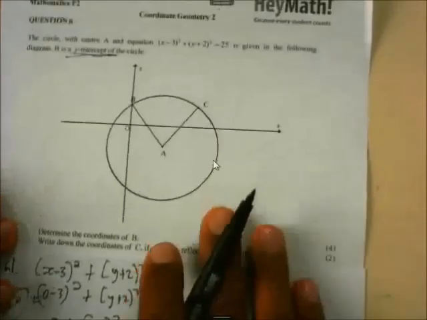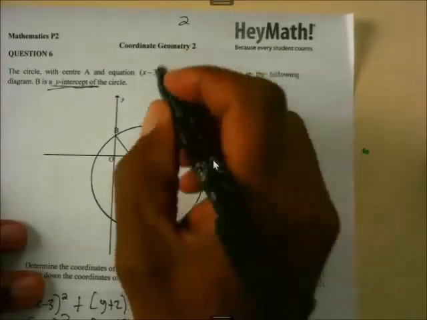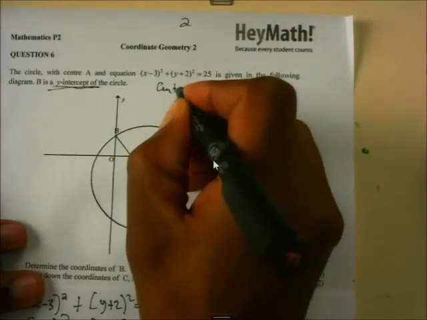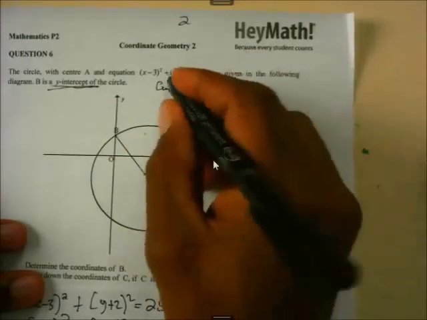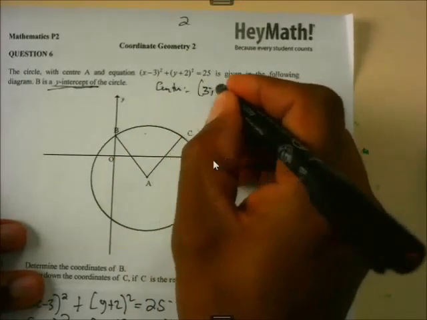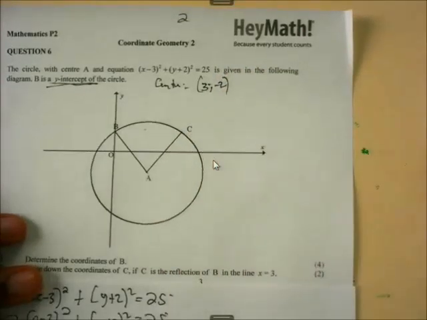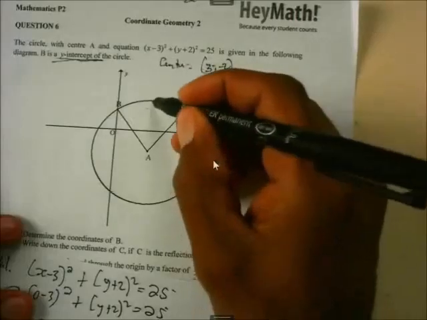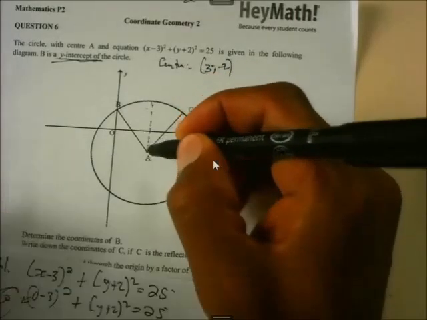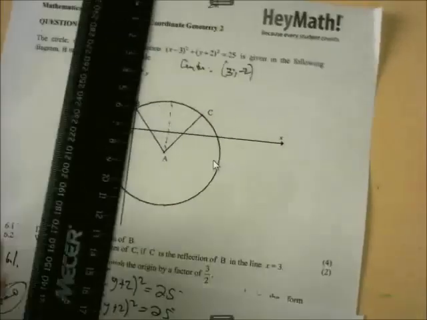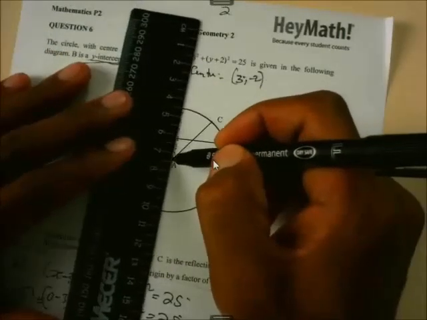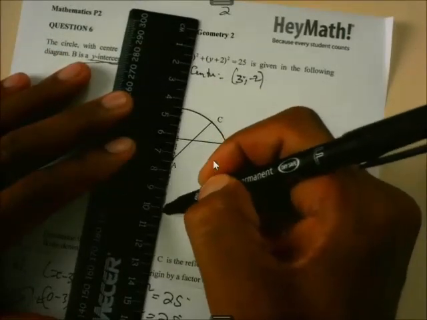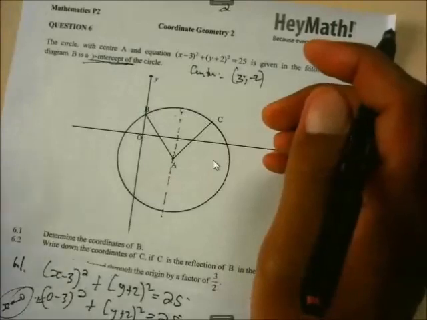It is very important that we look at the center of the circle. The center of the circle is 3 as well as minus 2. It means the reflection will take place at this point, at the center, where we have x equals 3.